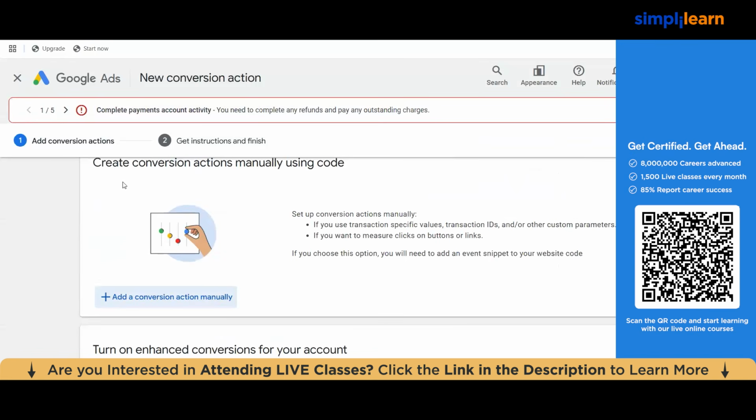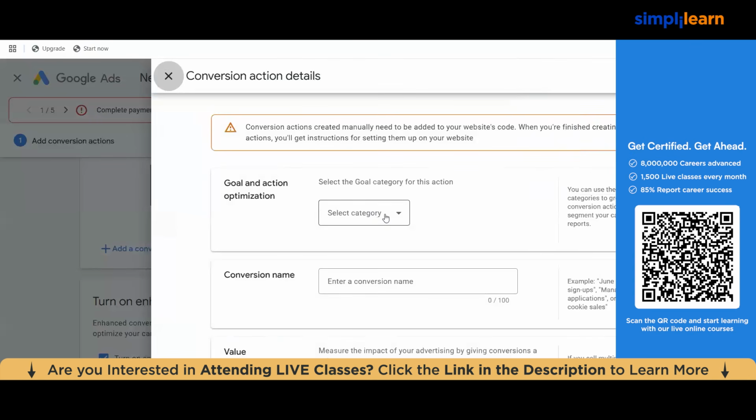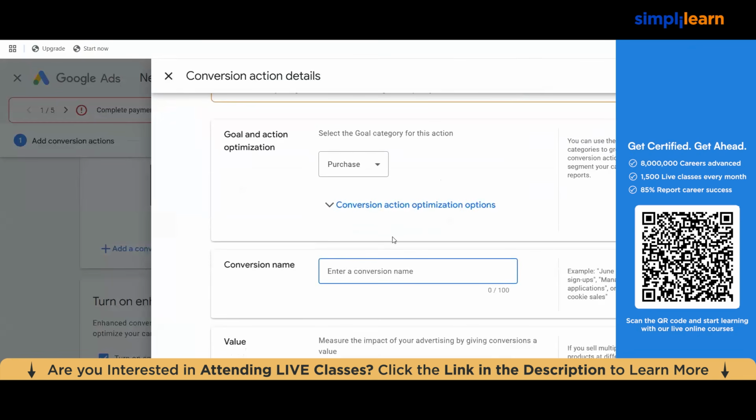Now this is where you add the conversion action manually, which means when I click on this, you can find a category again, like all those things. This is where you can name the conversion just for your understanding later on of what conversion I've created. So I will say add to cart, and then I will write it down over here, say paid campaign strategy, pixel code 1, add to cart, something like that.